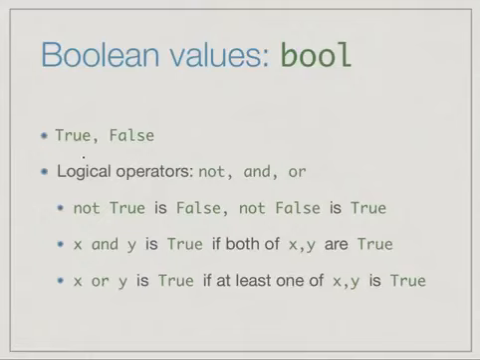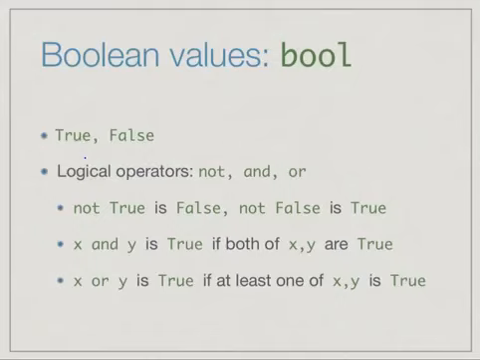Or again has an English meaning, but the meaning in computer science and logic is slightly different. Normally when we say or, we mean one or the other. You might say, either I will wake up in time or I will miss my bus. What you mean is that one of these two will happen. It's unlikely that you mean that you will wake up in time and you will miss your bus.